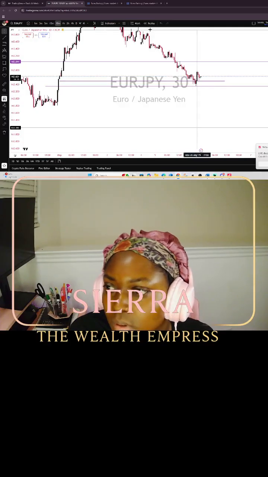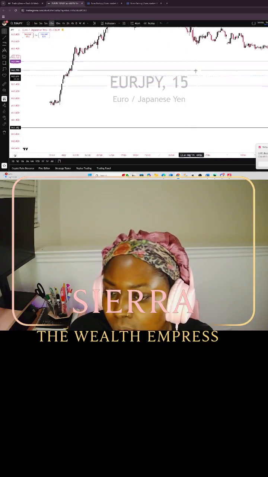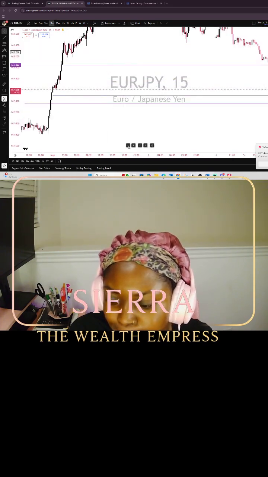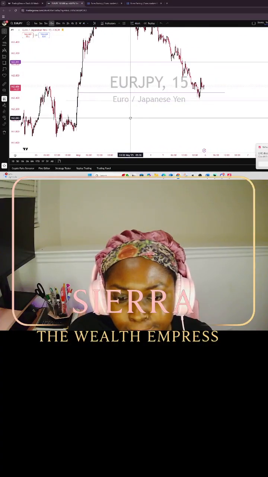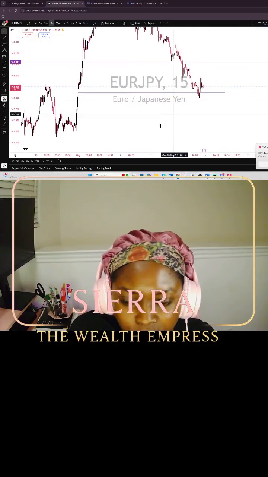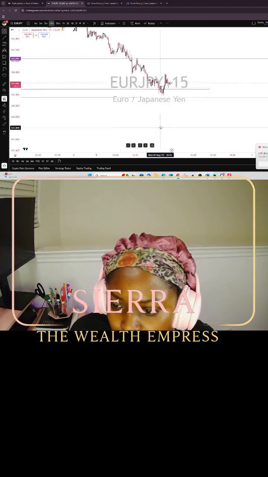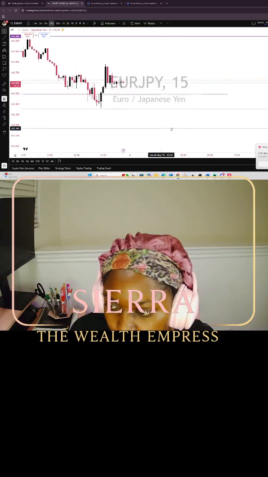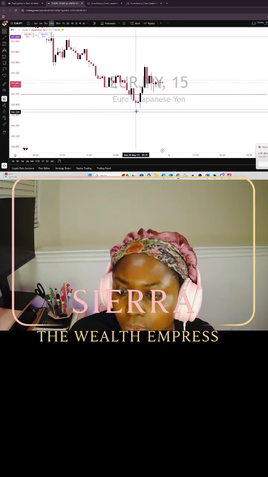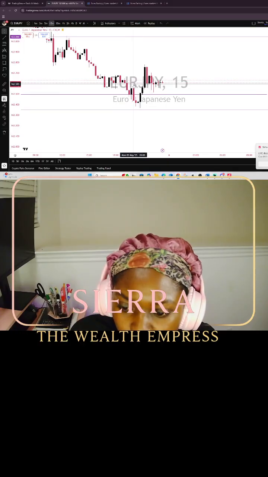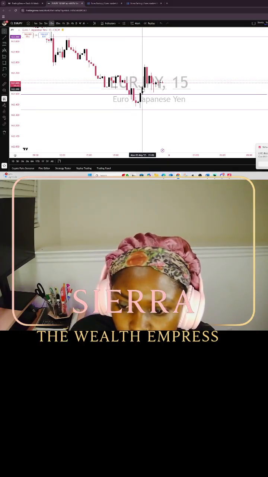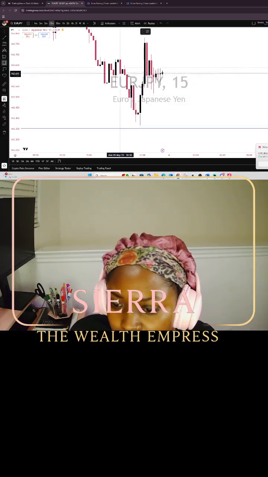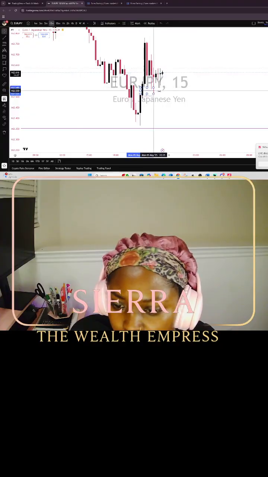Nope. It must be this little 15-minute gap. It closed above it. It broke structure because this is our last structure point that took us to this last low, and it created a gap. And it looks like price is inside of this gap right now. It hit it.